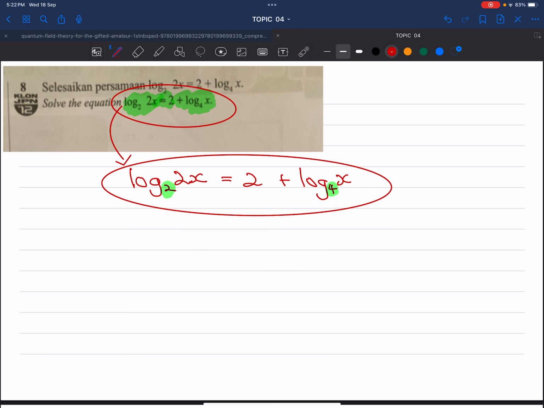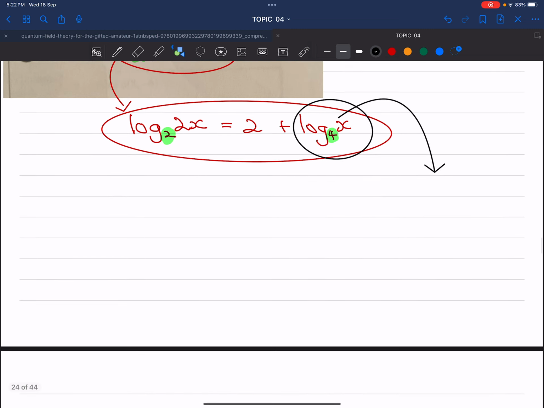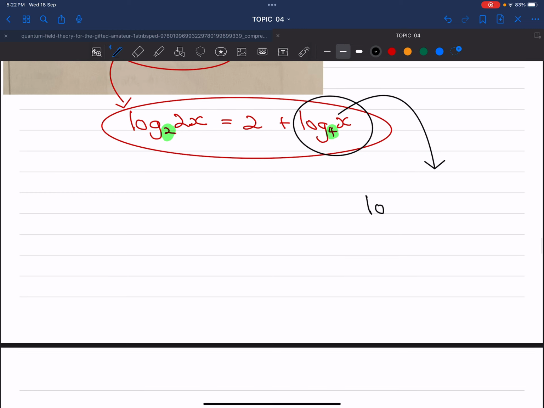So what we are going to do now, I'm going to change the log x base 4 to base 2. And if you remember the formula for changing base, I'm going to write log x base 4 equals to the formula for changing base.